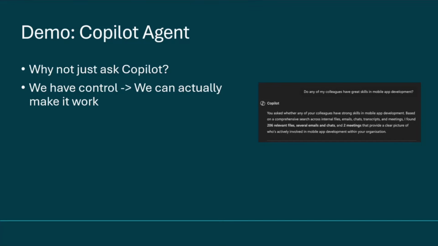That's why we came up with this kind of Copilot agent. This agent is a way to guide Copilot to only look for certain things. For example, I want to look for a colleague who is skilled in mobile app development. We should not look into email, or my Teams chat, or anything else. We should look into the people source.